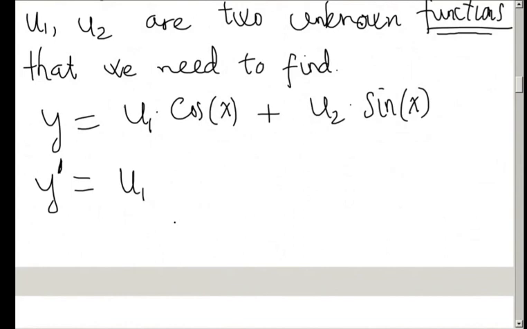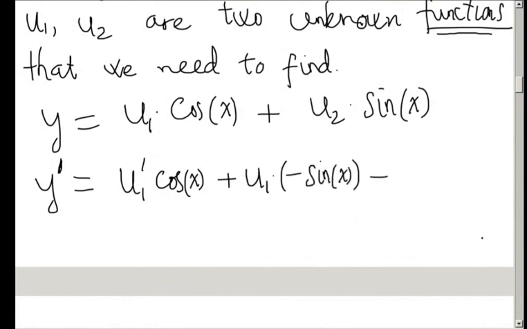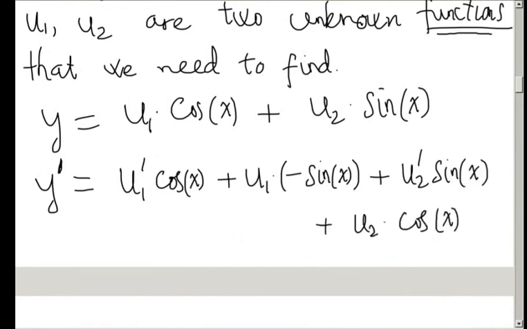We will have u1 prime cosine x, plus u1 times the derivative of cosine, which is negative sine of x, plus u2 prime sine x, plus u2 times cosine of x.